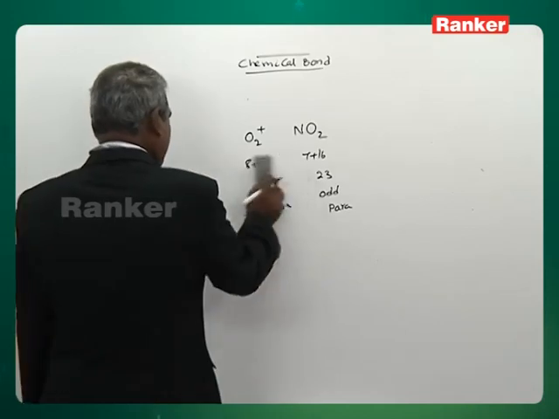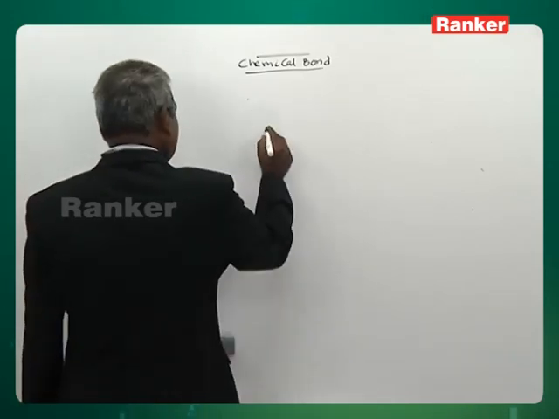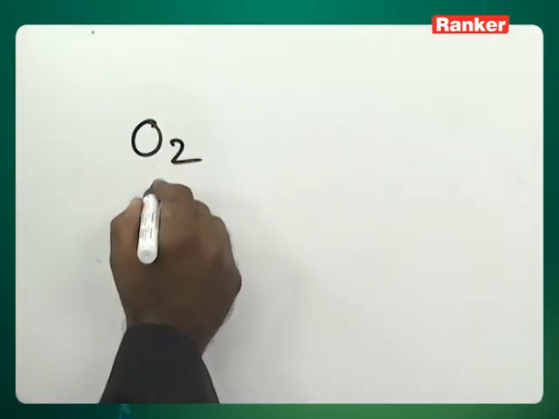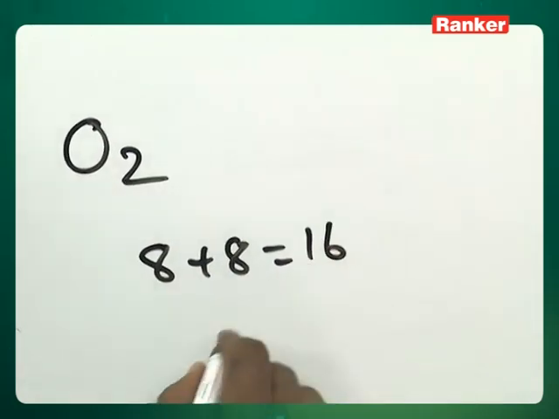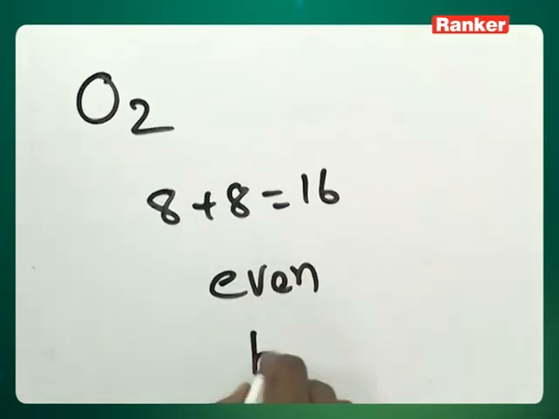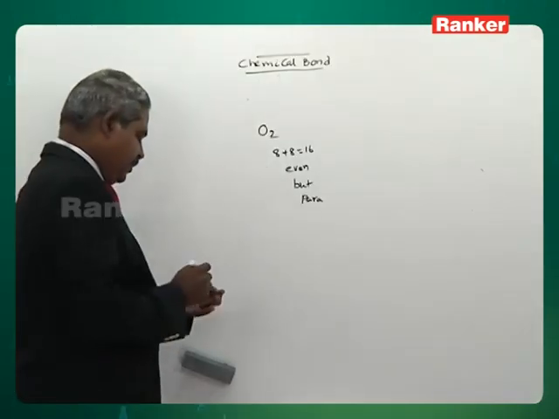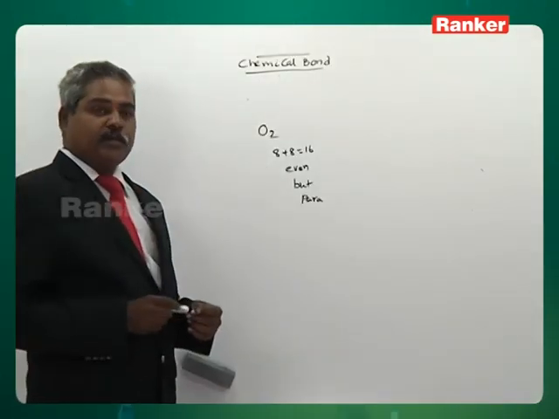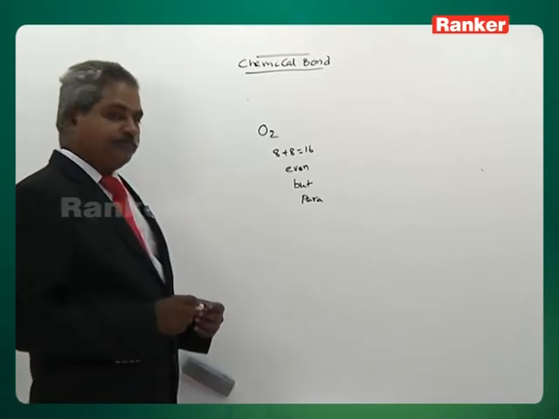Like that. But what about O2, B2, etc.? O2, B2, they are paramagnetic even though the total number of electrons 8 plus 8 is 16, even, as an exception, because even but para, you know the reason. The 15th, 16th electrons are unpaired electrons. 15th and 16th they enter unpaired.